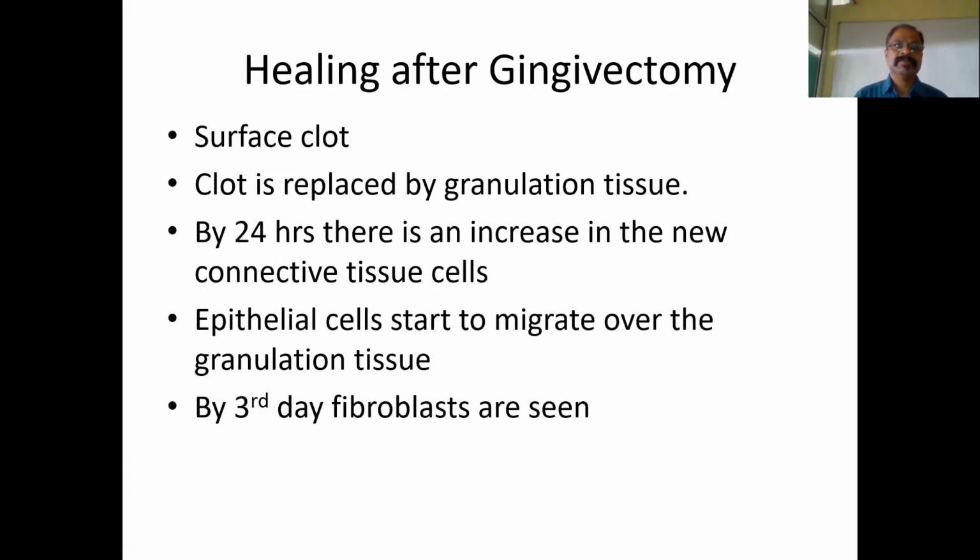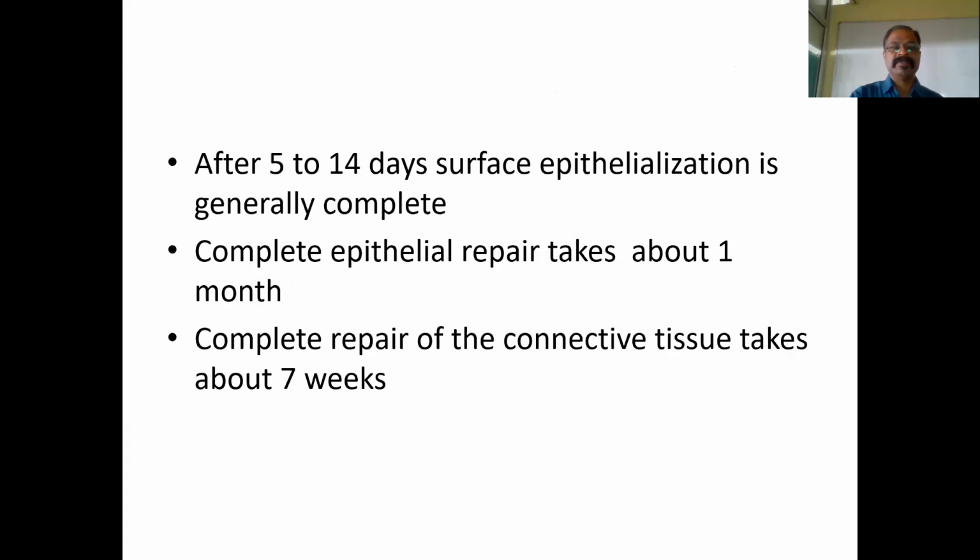Let's see how this tissue heals after you perform a gingivectomy. First and foremost, just like your curettage procedure, there is bleeding and then clot formation, and this clot is immediately replaced by granulation tissue. By 24 hours, there is an increase in new connective tissue cells. The epithelial cells start to migrate over the granulation tissue, and by the third day, fibroblasts are seen.